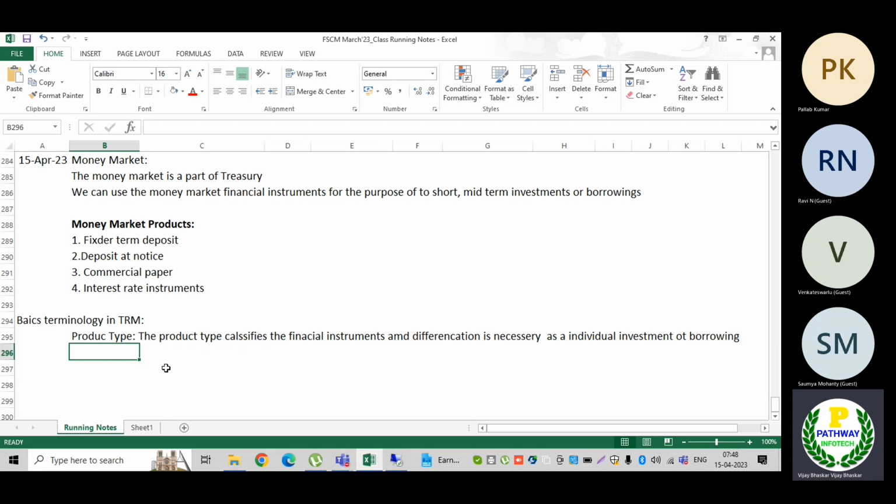Now we'll see what is meant by transaction type. The transaction type must be created for every product. Without a transaction type we cannot create any deal. These terminologies will keep repeating until the end of treasury, remember. You need to become familiar with all these terminologies.